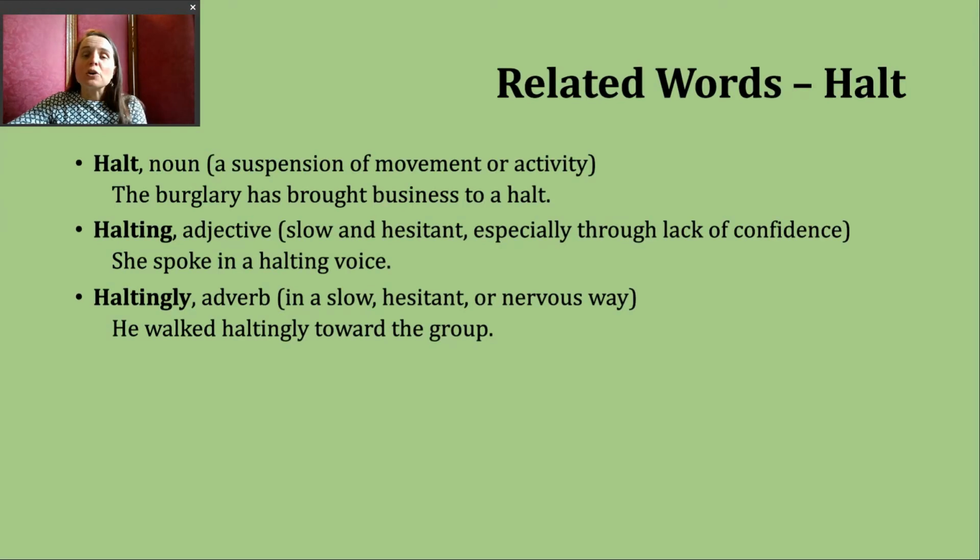Okay? Our next word we're going to look at is going to look very familiar. It's our progressive form, halting, but here it can be used as an adjective. And when it's used as an adjective, it generally means that we're describing something that's slow or maybe a bit hesitant, perhaps even lacking some confidence. I feel like I have seen this adjective used in a lot of literature.